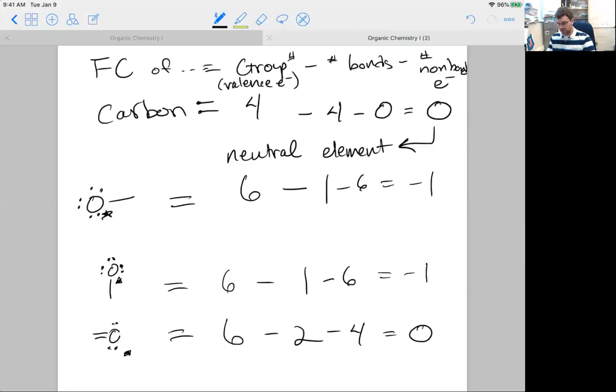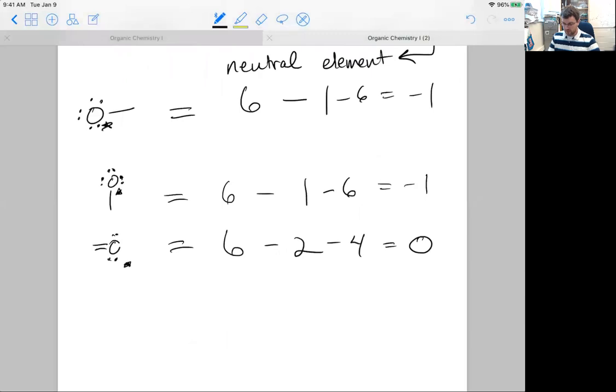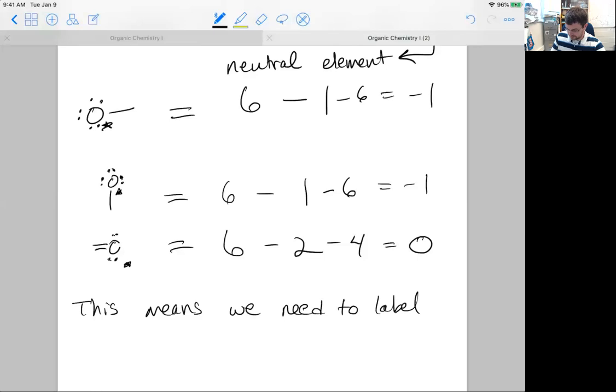Now, what does this mean? This means we need to label O star and O triangle with a -1 formal charge.